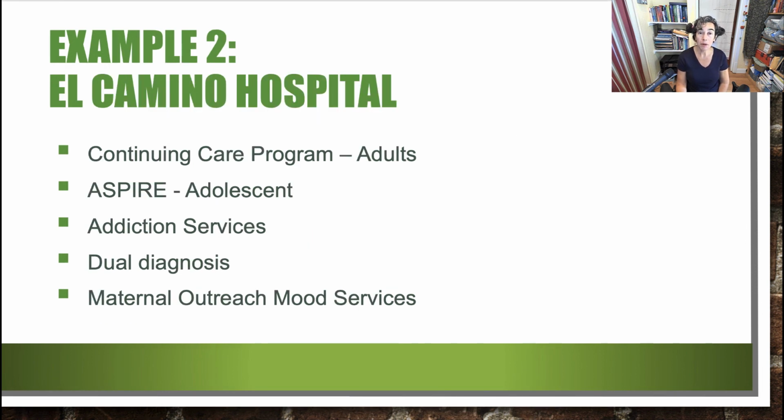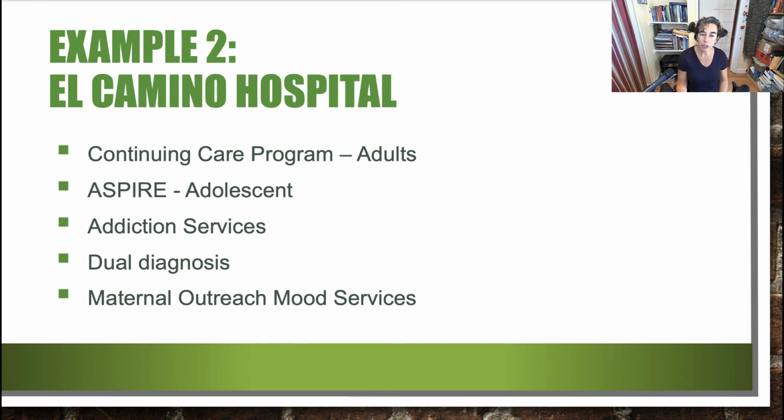Another example of community-based services is El Camino Hospital, which is in Mountain View, California, a little ways north of San Jose, and they have a continuing care program. That's an adult program. They also have an adolescent program, which is the After-School Program Interventions and Resilience Education Program, or ASPIRE is its acronym.